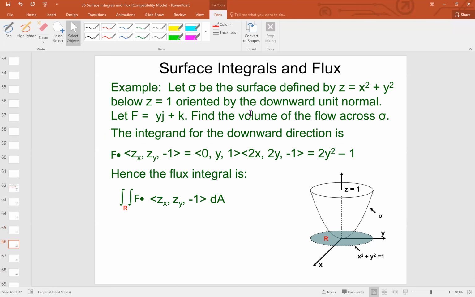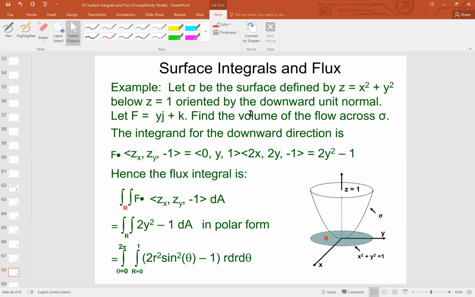Integrate over what? Over the region R. The R is a circle here, and since it's a circle, it's easier if we put this into polar coordinates. So r from 0 to 1, theta from 0 to 2 pi, and change y to r sine theta, with dr d theta. So we obtain these.